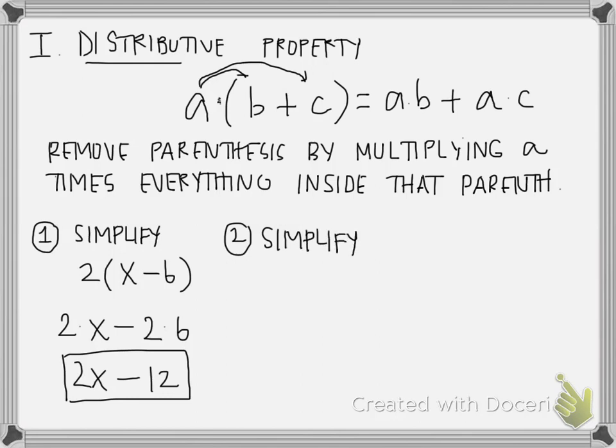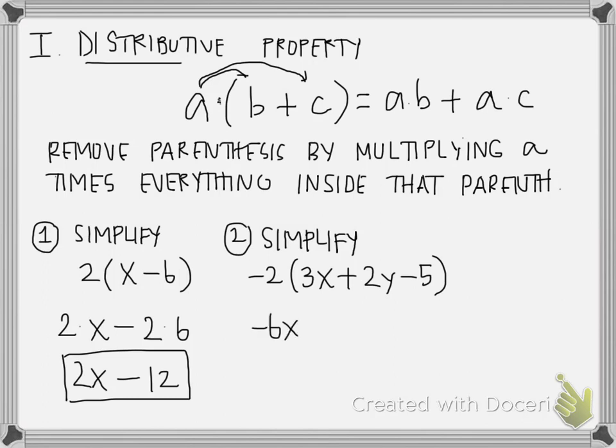Okay, so what if I had a negative 2 times 3x plus 2y minus 5 here. Okay, the negative on the outside is going to change the signs on the inside. So I'm going to say negative 2 times 3. So negative 2 times 3 is a negative 6.